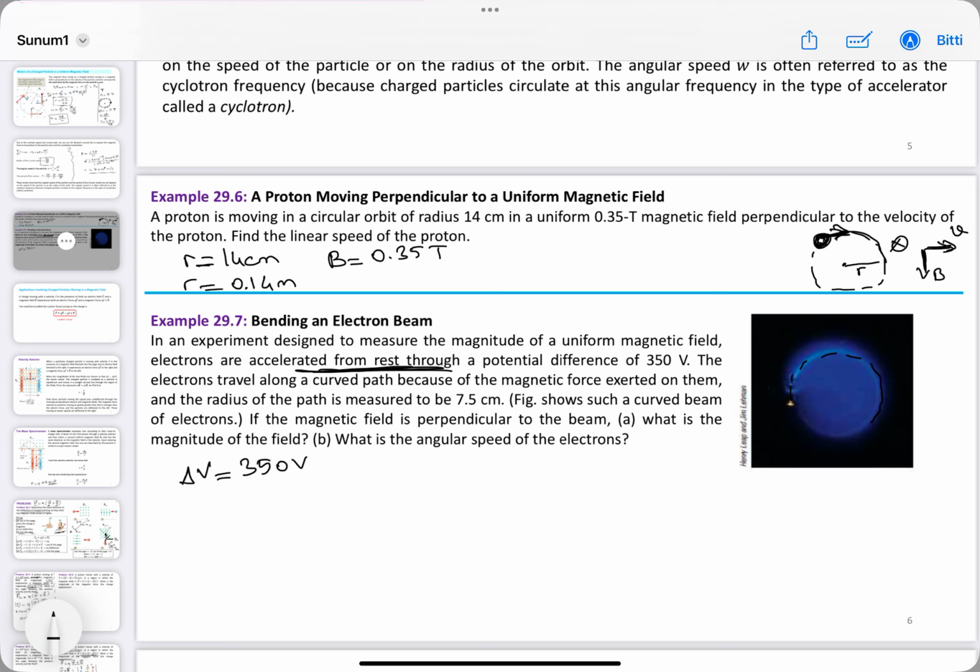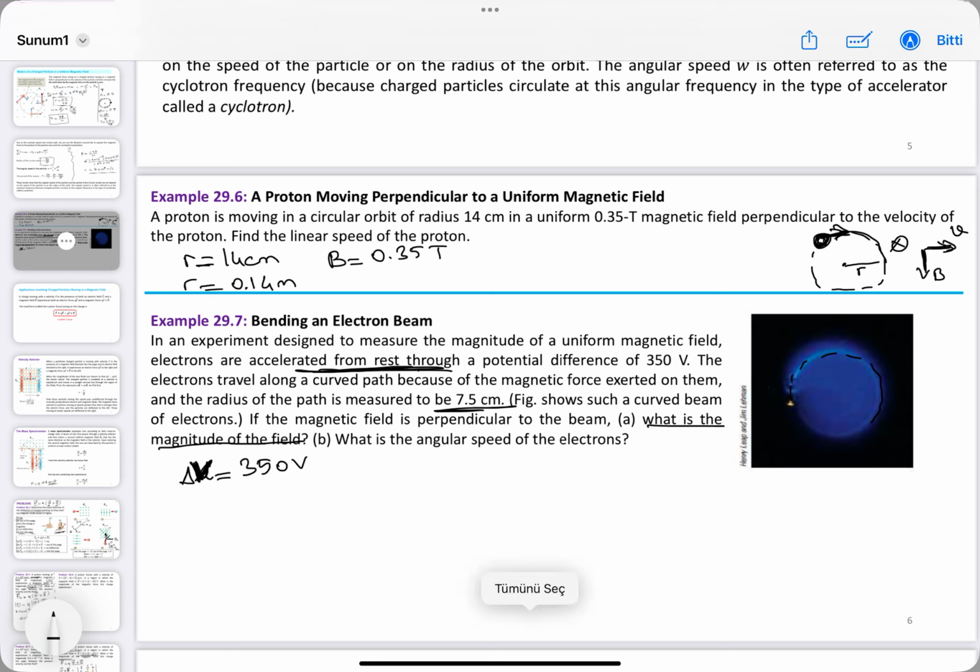The electrons travel along a curved path because of the magnetic force exerted on them, and the radius of the path is measured to be 7.5 centimeter. What is the magnitude of the field? We have to find B. I know delta V.